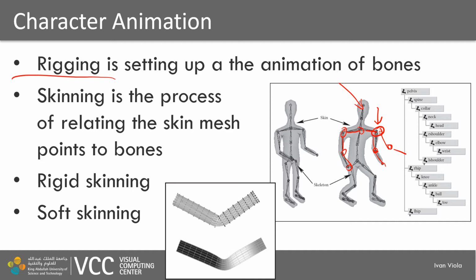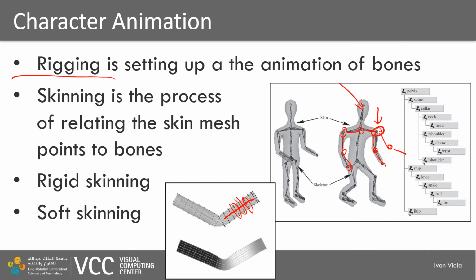We can either do a so-called rigid skinning, where vertices on the skin are directly attached to a particular bone, and if the bone has been displaced, then these vertices will be displaced with it. So they are in a fixed relationship with each other, and the bone is sort of hierarchical parent to all these skin vertices.